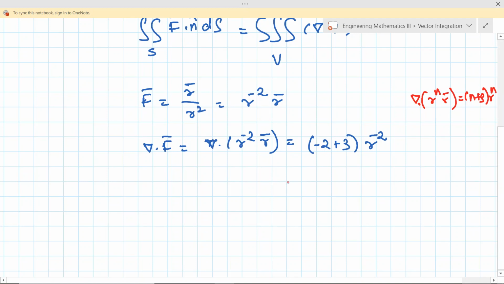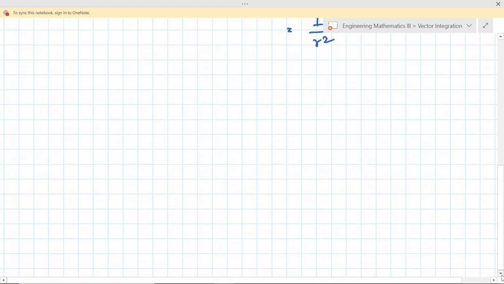So what is the value of this? Simply minus 2 plus 3, which is nothing but 1. So this is 1 upon r square, because r raised to minus 2 is nothing but 1 upon r square. And if we put this value in equation 1, therefore from 1 we have the surface integral of f bar dot n cap ds over s, which is r bar upon r square dot n cap ds over s.